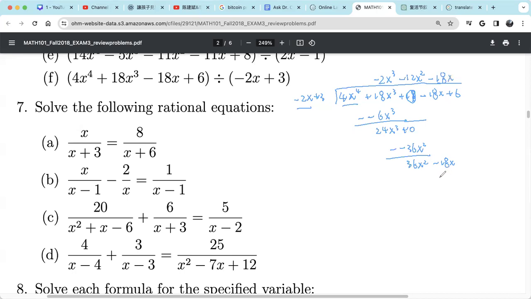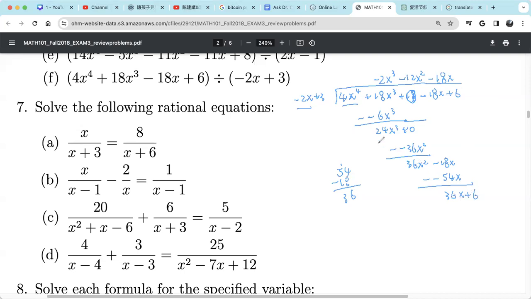Then 3 times -18 gets -54x. Subtract, subtract becomes plus, so we get 54 minus 18, which is 36, right? So we get positive 36x. So move 6 down, plus 6.